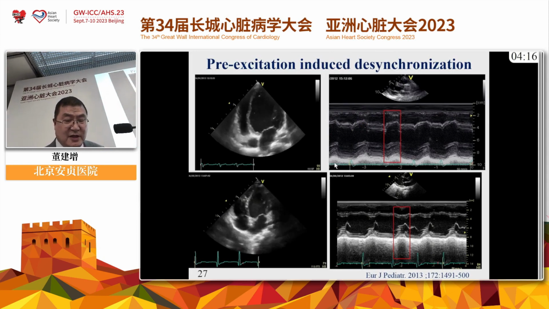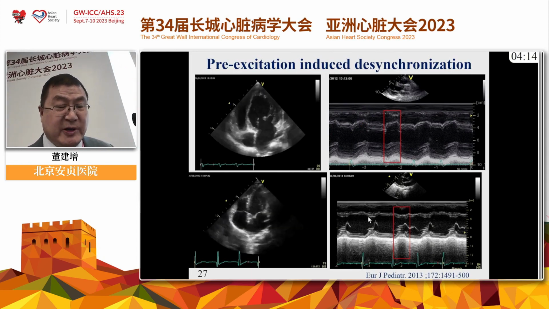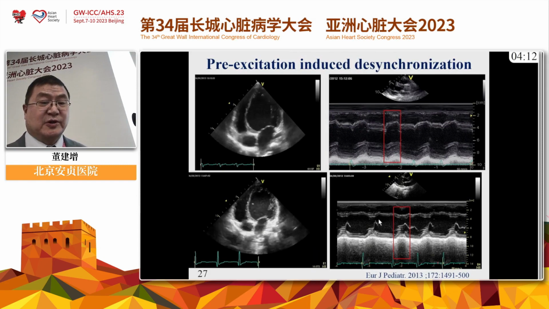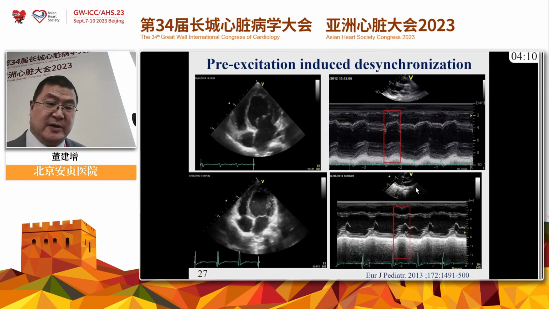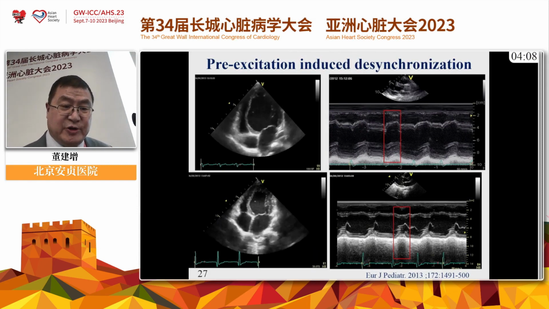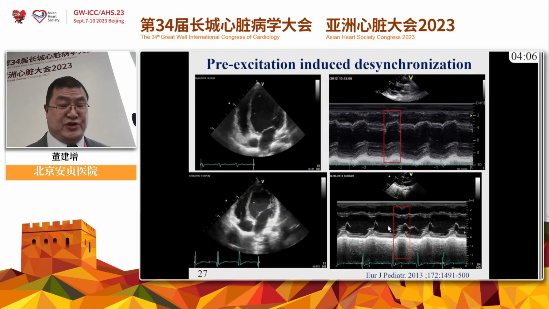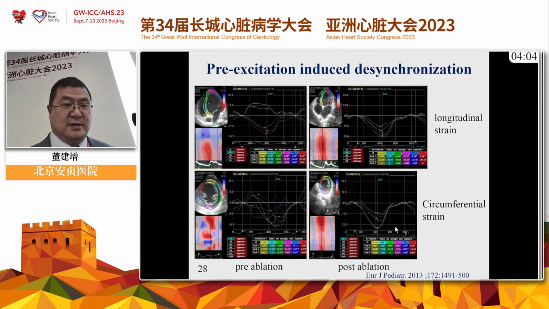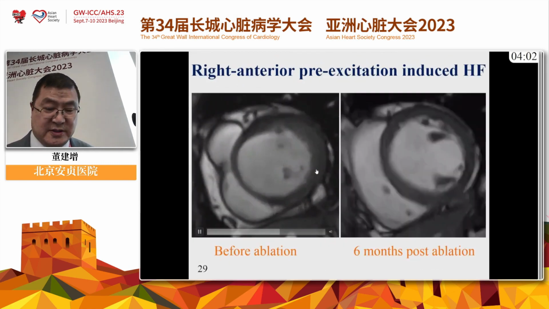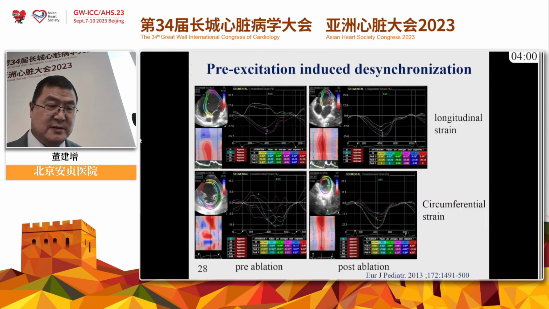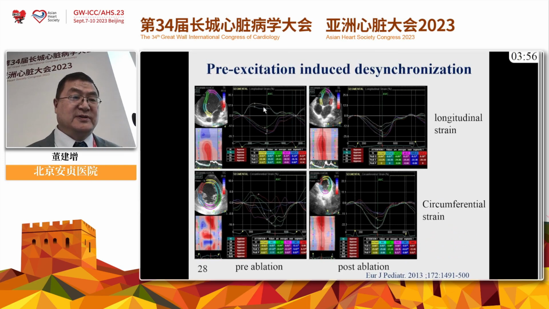6 months after ablation, the dyssynchrony disappeared. The septal and the lateral walls contract simultaneously. Here is the strain, the ultrasonic strain of the left ventricle.